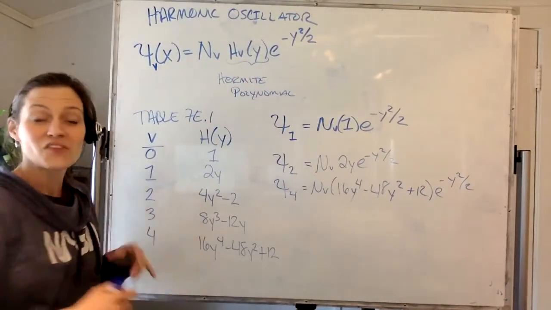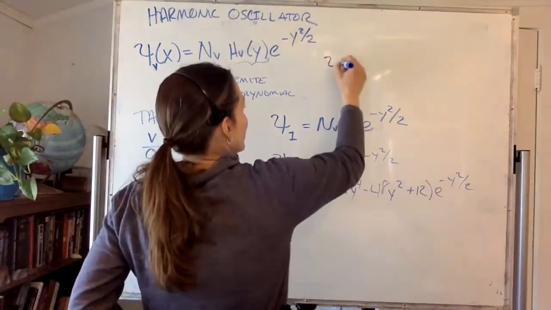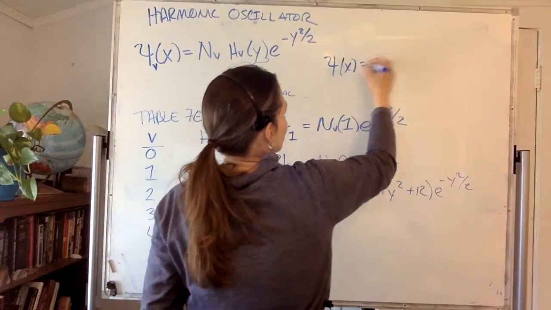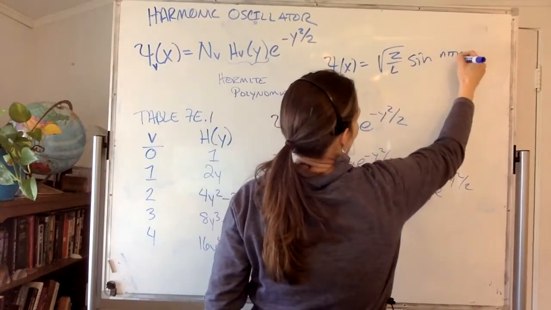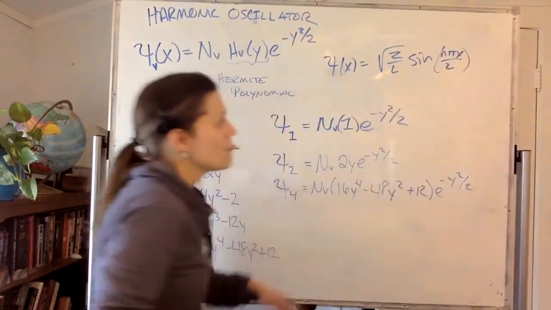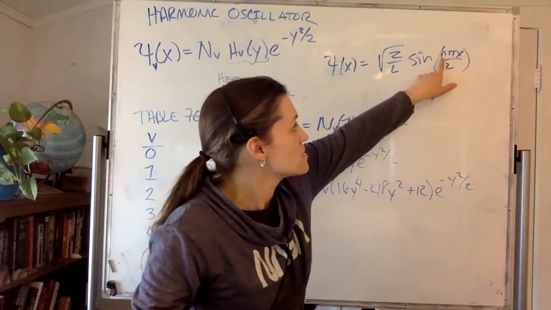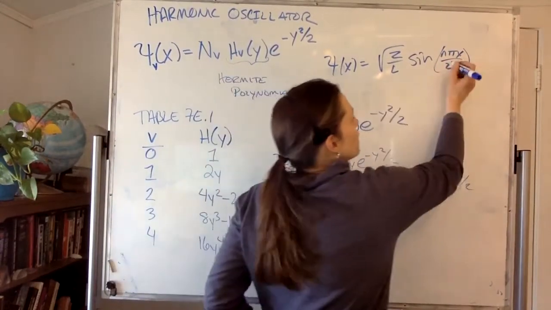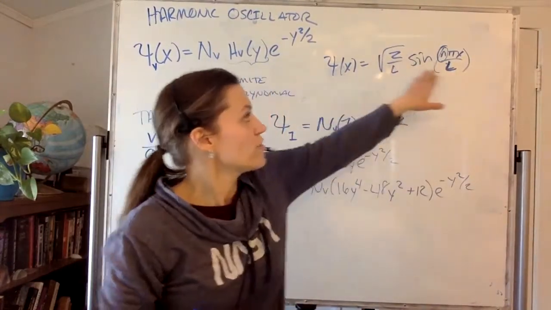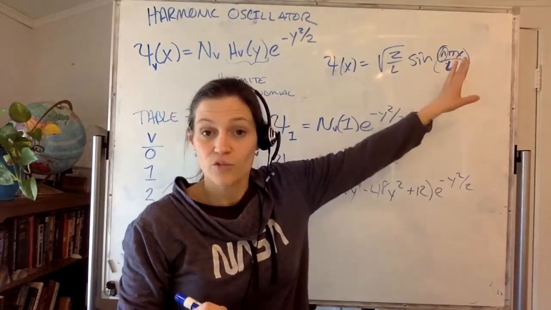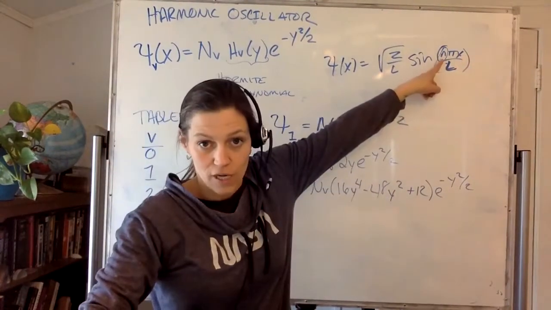Go team. Before, when you were doing the particle in a box, where you had psi of x equal to the square root of 2 over L times sine of n pi x over L, life was groovy. This is a particle in a box wave function, sine n pi x over L. It did not matter which energy state you were in.